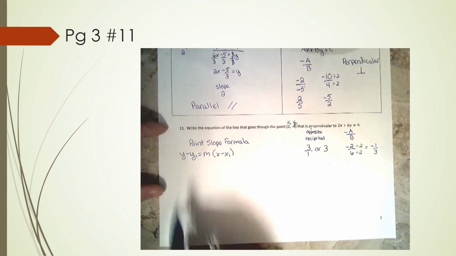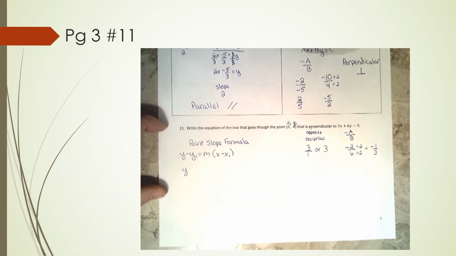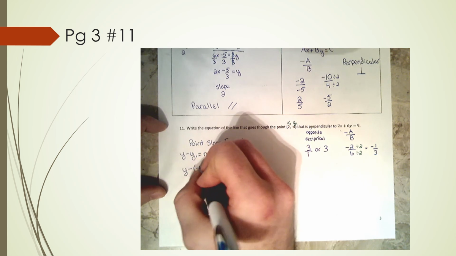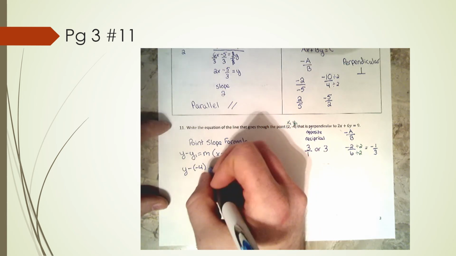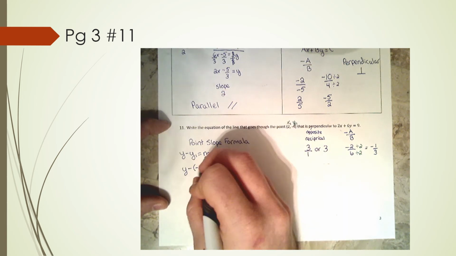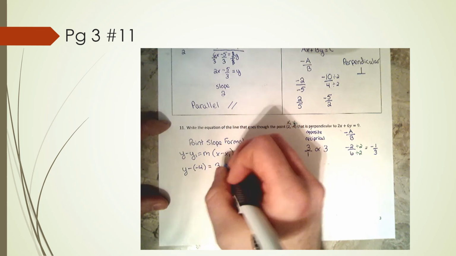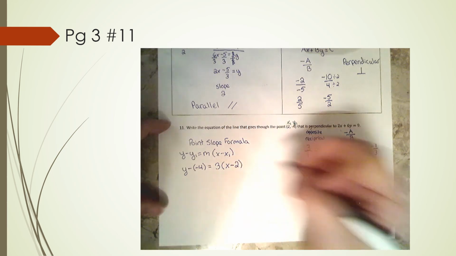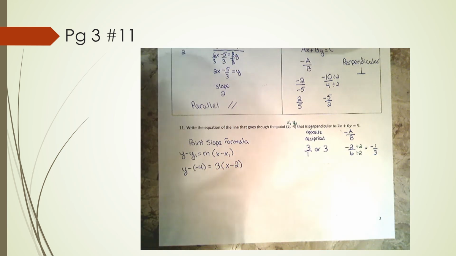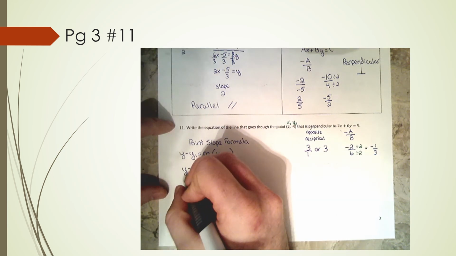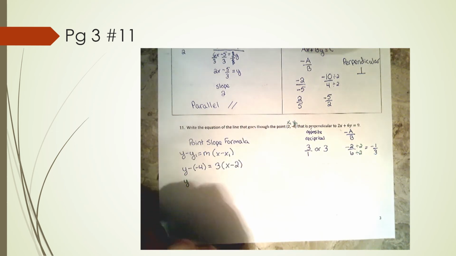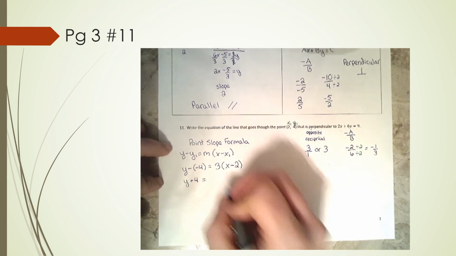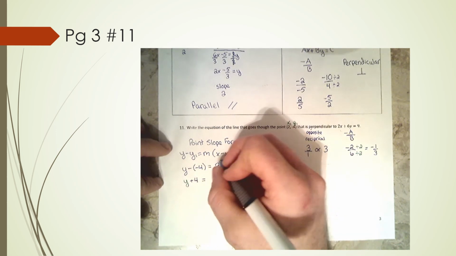So now when I go to do this, I'm going to have y minus -4 equals 3, which is because I want the new slope, and parentheses x minus 2. Close the parentheses. So now, when you have minus a negative, you would get y plus 4 equals, and then now I want to distribute.